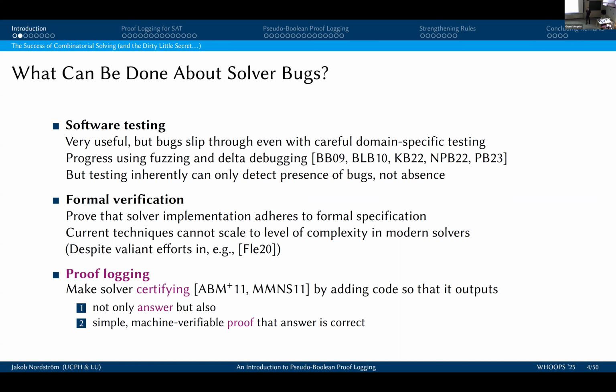So I think it's fair to say that the only viable approach that we have today is proof logging. What this means is that you make your algorithms, your solvers, certifying, so that they output not only an answer to your problem, but also a proof that this answer is correct.